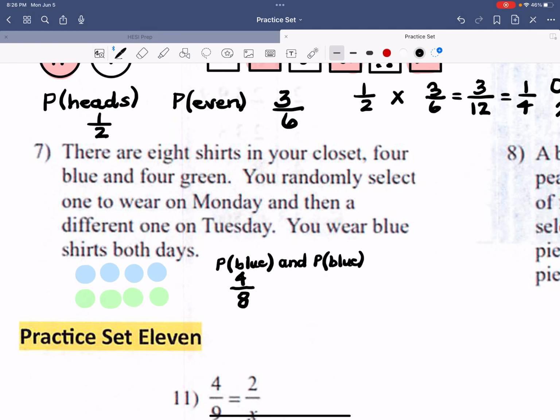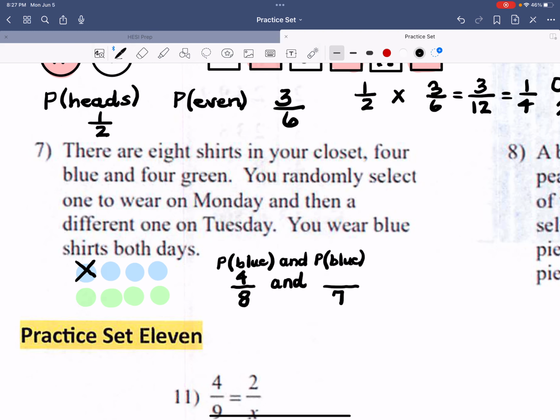So on the first day, you have a 4 out of 8 chance of drawing a blue one. So let's say you do draw the blue one and you take it out and you wear it. You don't put it back in there because it's dirty. So on the second day, the probability of blue, there are only 7 shirts in the closet and only 3 of those are blue. And the word "and" means, yes, multiply.